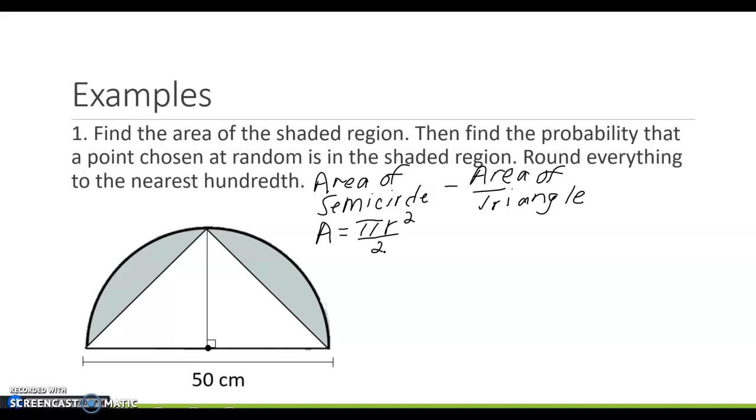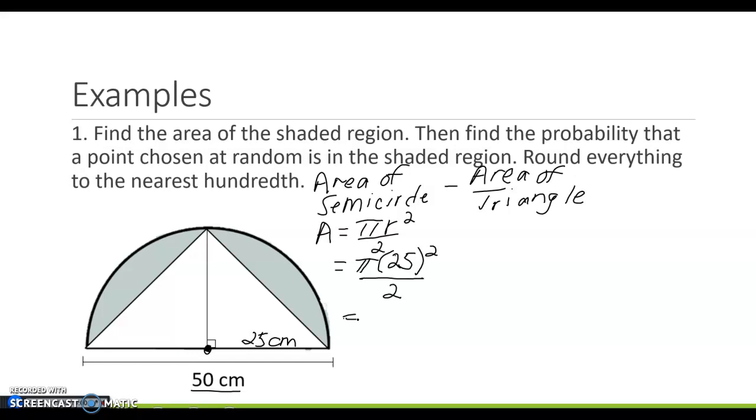So when I look at this picture, the radius only goes from the center to the edge. So if the whole length is 50, then this length is just going to be 25. So the radius is 25. So I'm going to substitute that in. So pi 25 squared divided by 2.